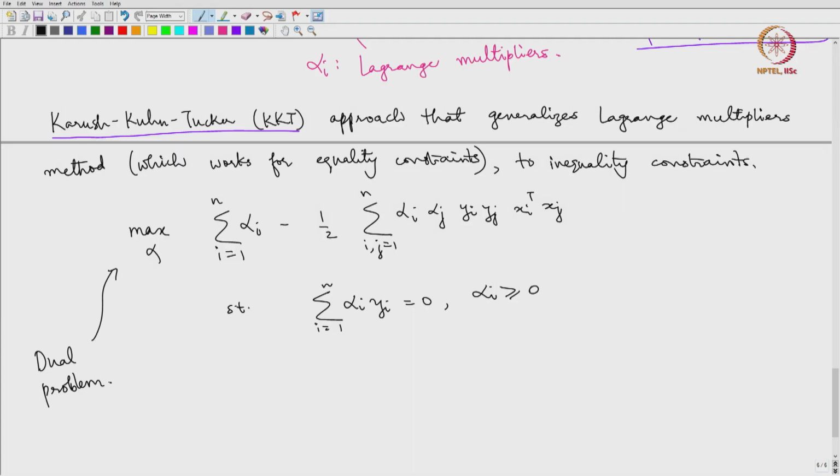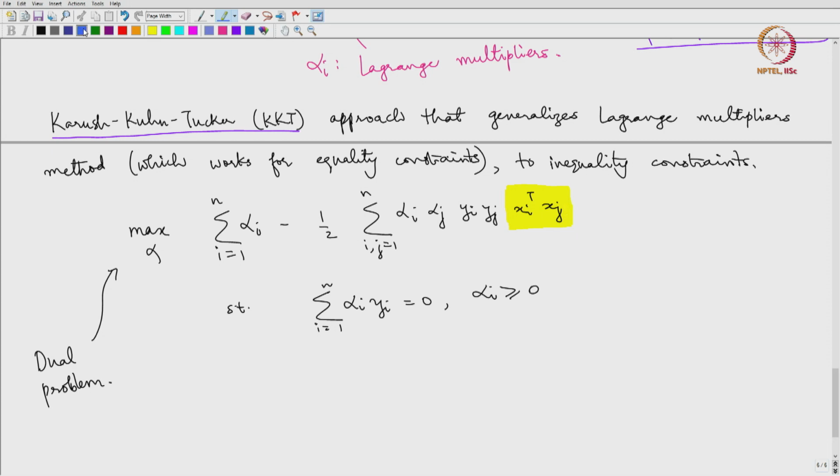So, essentially what is happening here is that we are solving this dual problem, and the motivation for introducing it, as we will see slightly later, is that it allows you to use the inner product between points. The inner product is a very convenient way to introduce kernel functions.